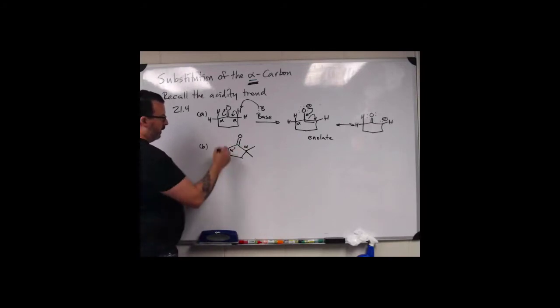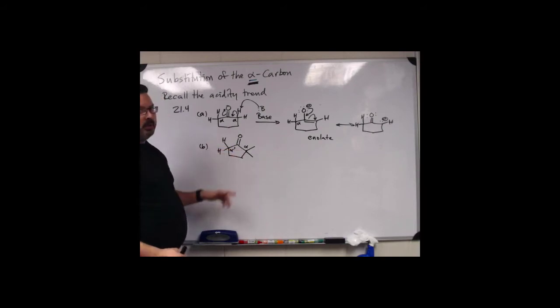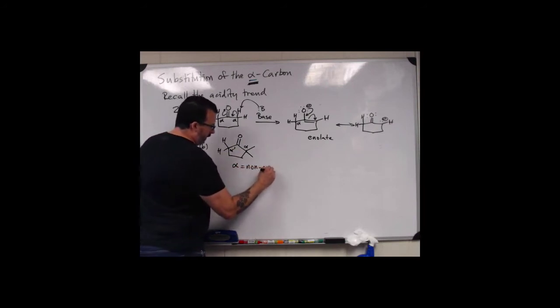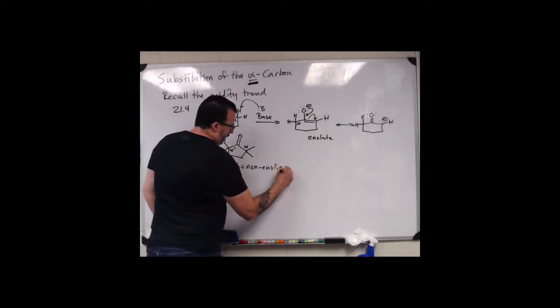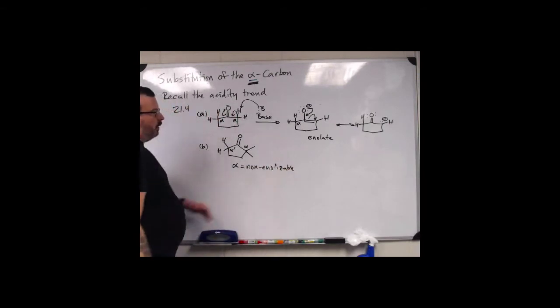So alpha prime has two H's. So there's only one alpha carbon bearing hydrogens. This alpha carbon is what we call non-enolizable.